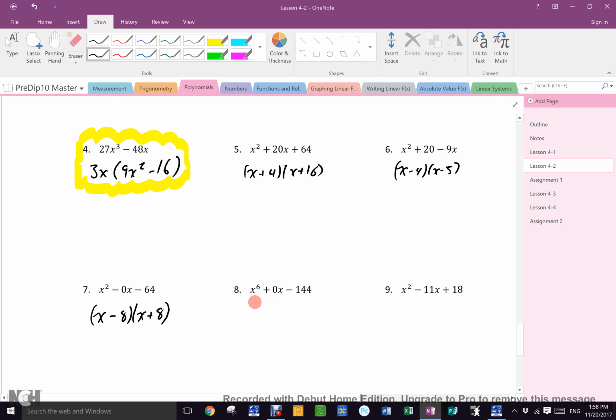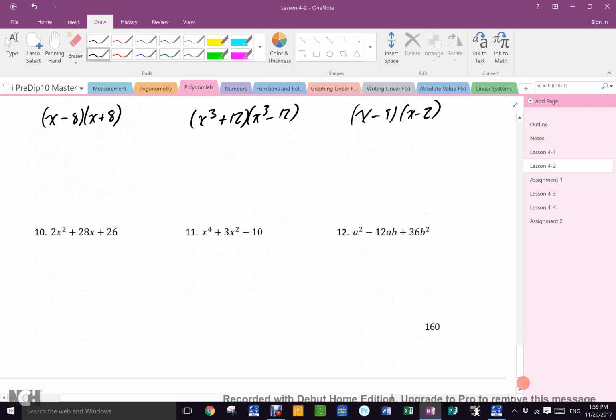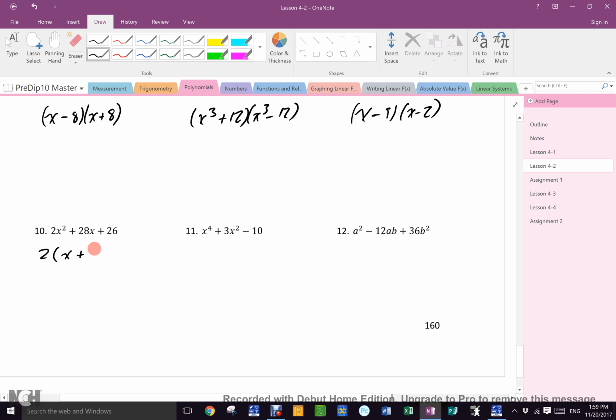What about 8? Brackets. Who's doing 8? That's me. X cubed plus 12. Yes. X cubed, correct. And then x cubed minus. Yes. Excellent. Who's doing 9? X minus 9, x plus... x minus 9, x minus 2. Who's doing 10? 2 outside the box, and then... 1 x plus 13.